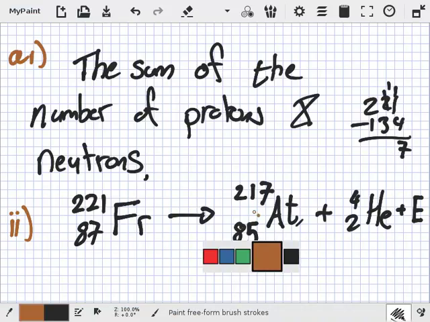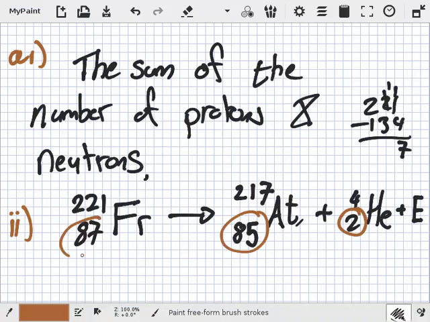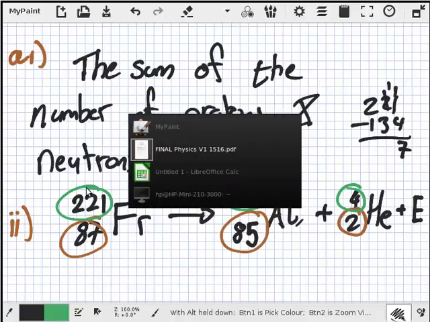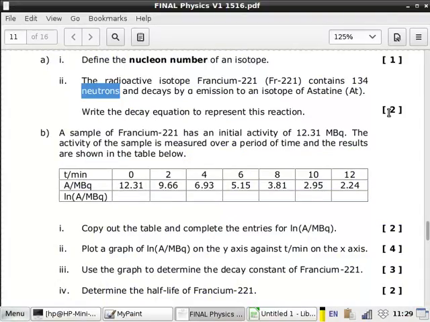Well, because 85 and 2 make 87. 217 and 4 is 221. It needs to balance. Nucleon number, yeah. It's the mass number. Are you sure, Sean? Because, Sean, you really need to get the full marks here. It's a good 2 marks.